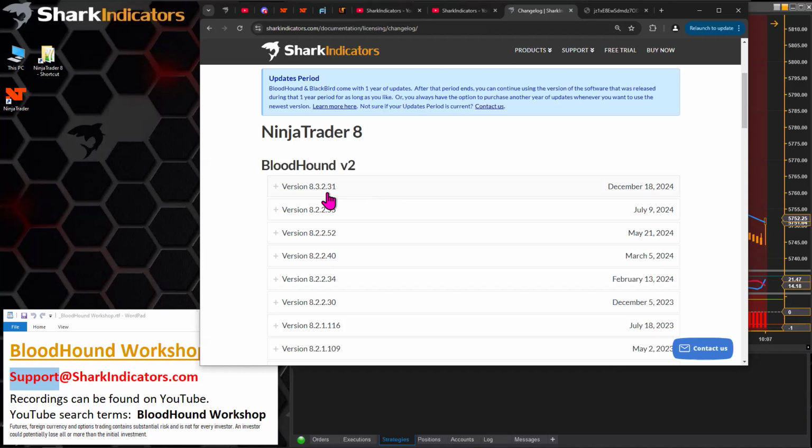The version number for the optimizer will be 8.3.3. So we're going to go from 3.2 to 3.3 when the optimizer is released.